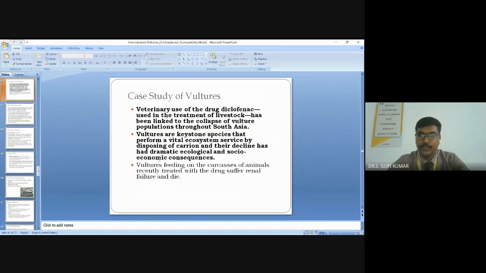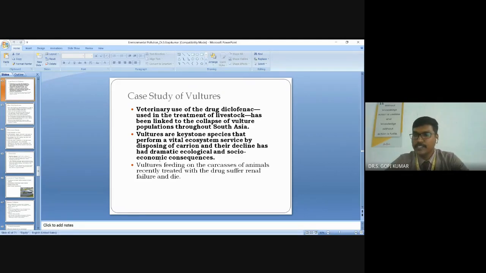Now, a case study of vultures. Nowadays we cannot see vultures in and around South India. Am I right? Twenty years back, vultures were more often visible, but in recent days the number of vultures has reduced due to a collapse in their life cycle.